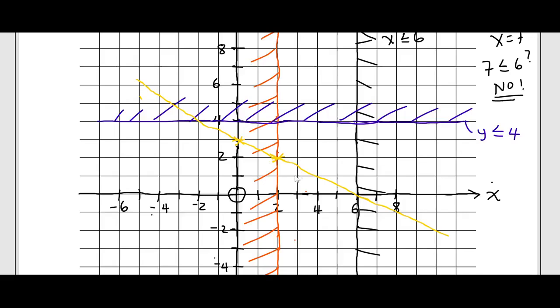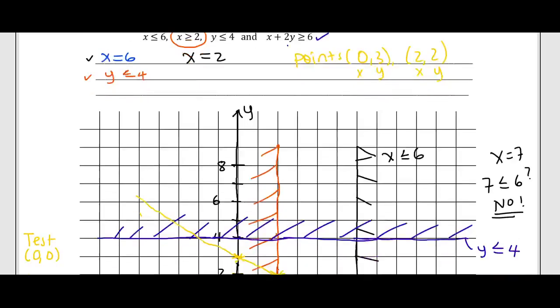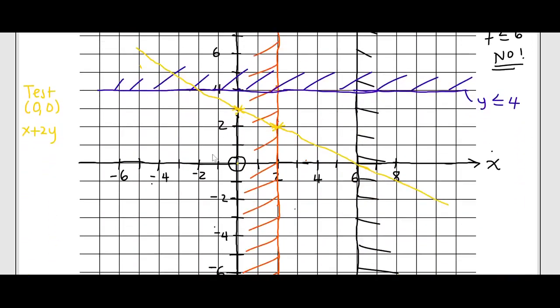In this case, I'm going to choose a point at the origin and call it the test. I'm testing with the point 0 and 0. And remember our inequality is x plus 2y is more than or equal to 6.